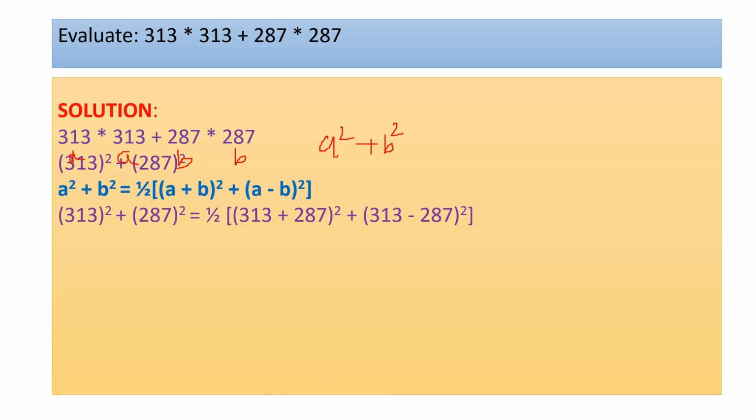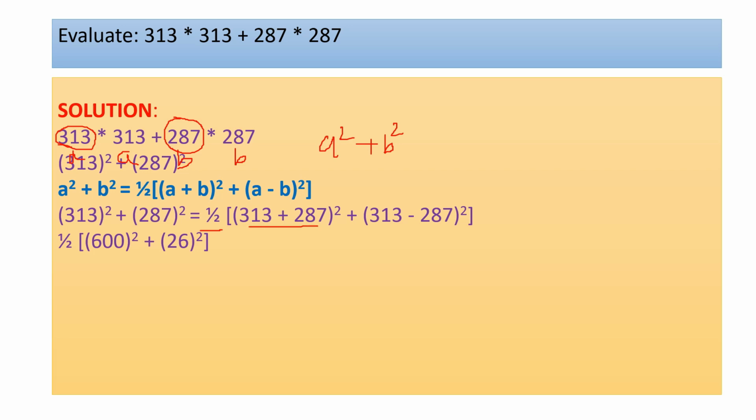In place of a we have 313, and in place of b we have 287. So accordingly replace the values in the given equation. So half into (313 + 287)² + (313 − 287)². So just do the simple mathematical steps.